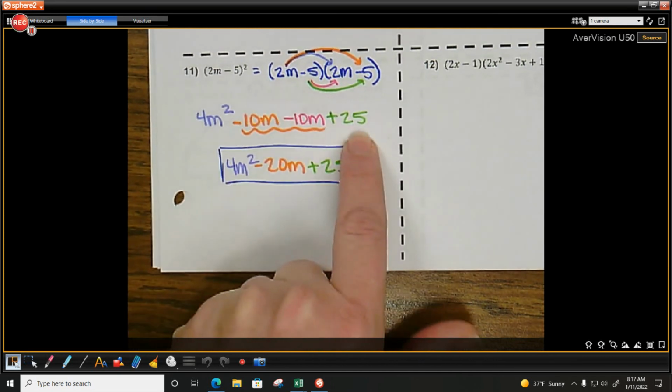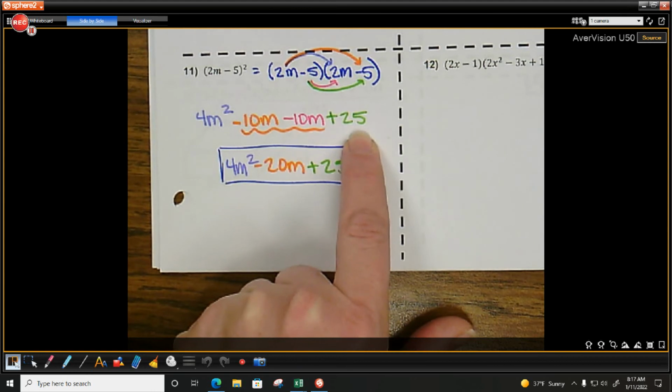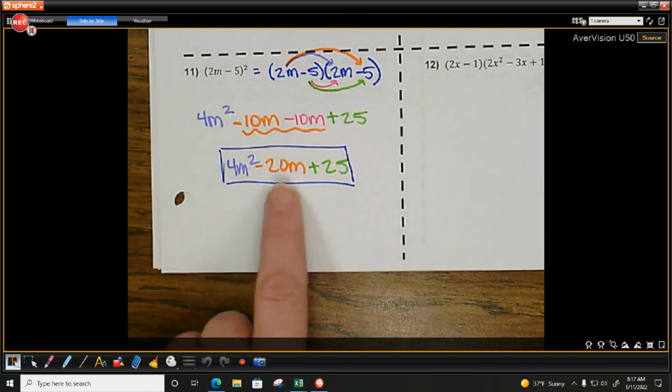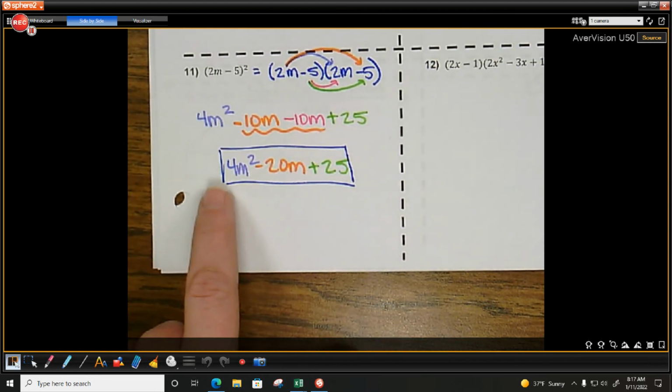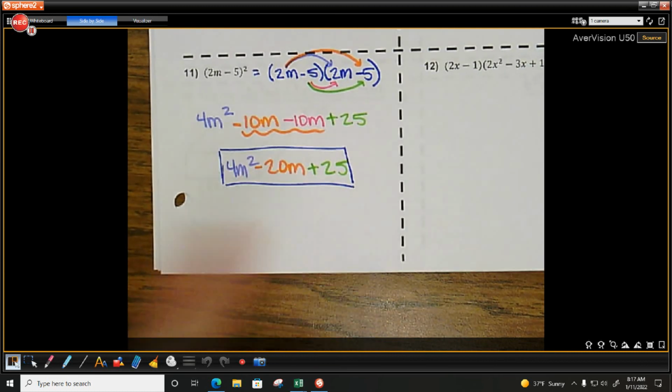My middle terms combine, and then my answer is variable squared, variable, no variable, constant. Okay? Is it always going to be like that? No, but if we've done on this page 5 problems and all 5 are like that, do you think it's pretty common that it's going to be like this? Yes. Okay. We good?